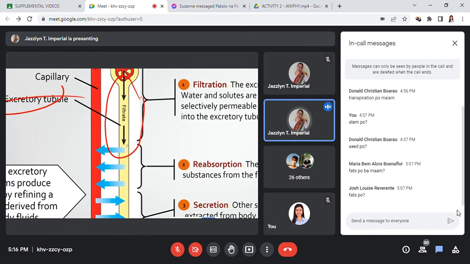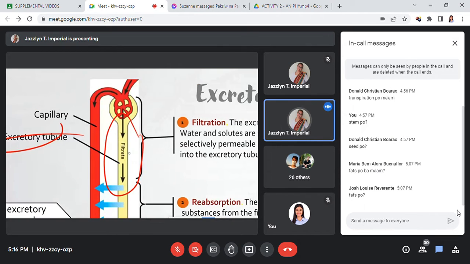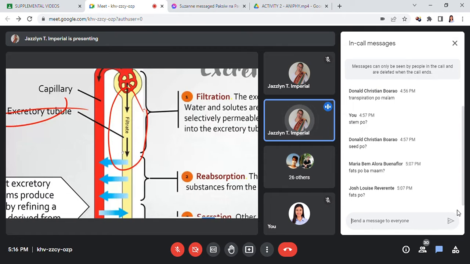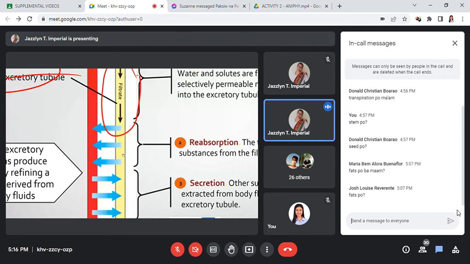Nakita nyo ba kanina, may arrow pabalik sa capillaries. Okay? So these are substances that must be reabsorbed. Amino acid, glucose, some salts, even water. Okay? Can also be reabsorbed. So from the filtrate, okay, this is returned to the body fluid.